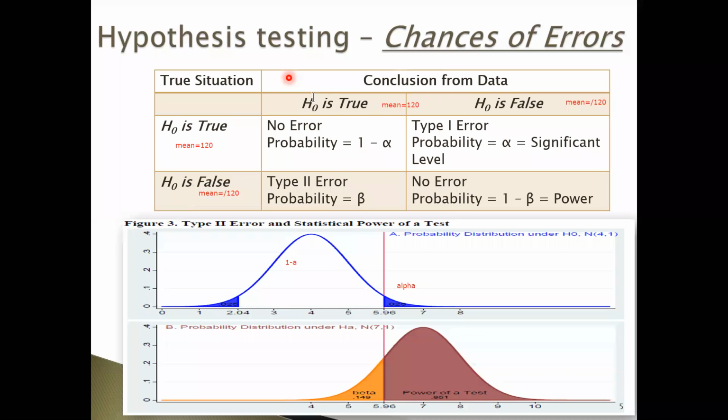We go and collect the sample, and in the population it was true that the mean was not equal to 120, but due to some sampling error, we obtain that the mean is equal to 120. This is another kind of error we are committing, and the probability of that error is called beta.